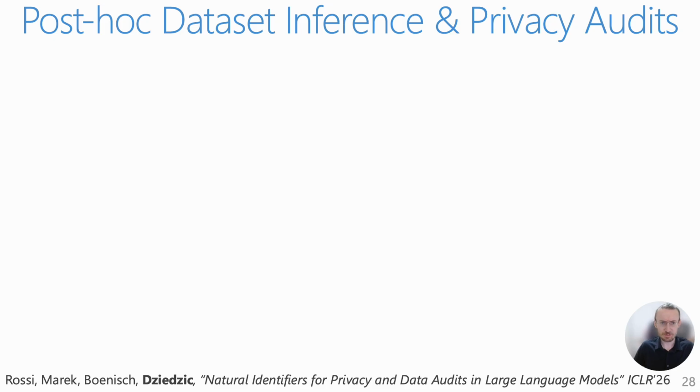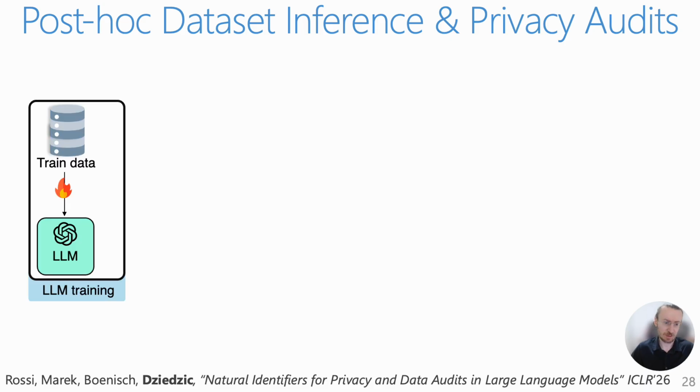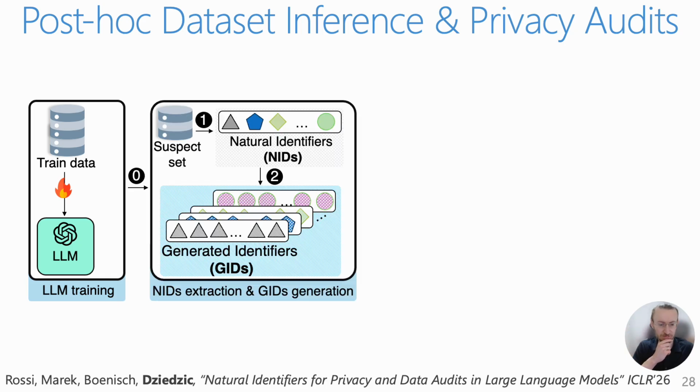So now let me show you how to perform the post hoc method of inference using the natural identifiers. We start from some LLM that was trained on a large amount of data. Then we extract natural identifiers and also generate new identifiers.